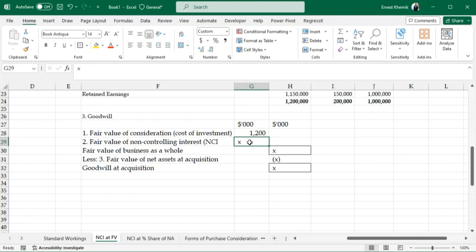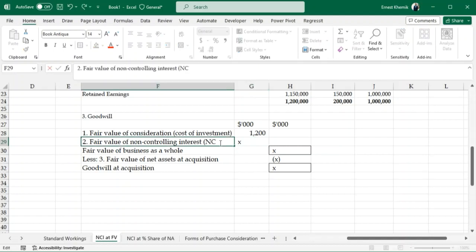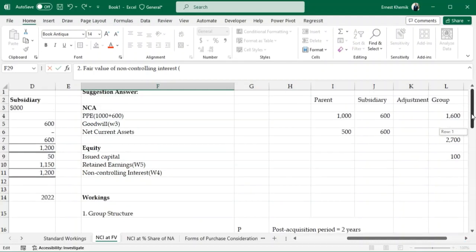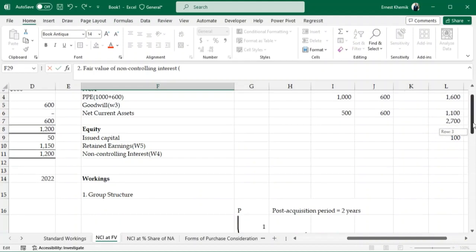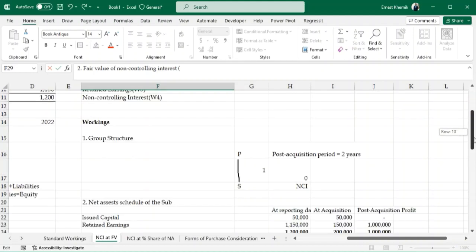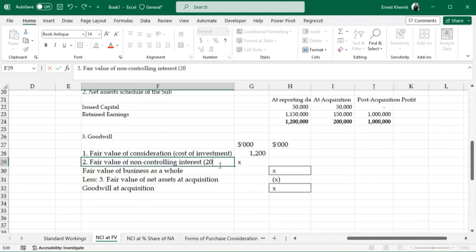That's the NCI. If it has not been given directly, we calculate it using the percentage of the non-controlling interest, and that is 20%, as we have already established in the group structure. Then we multiply that.